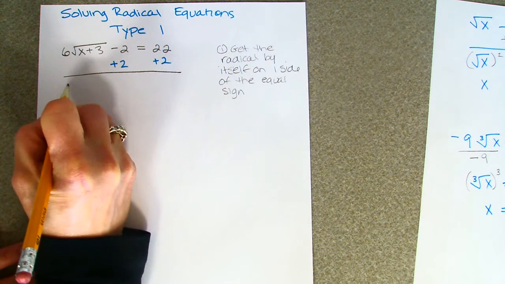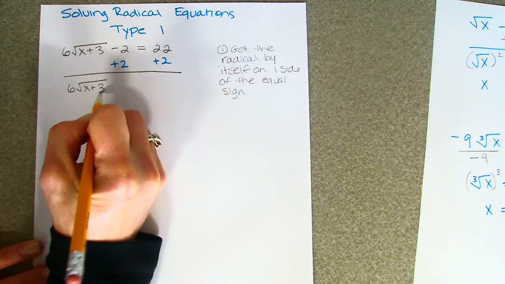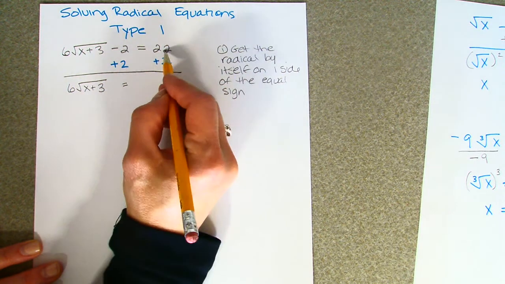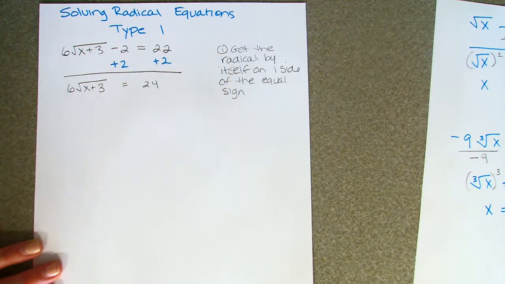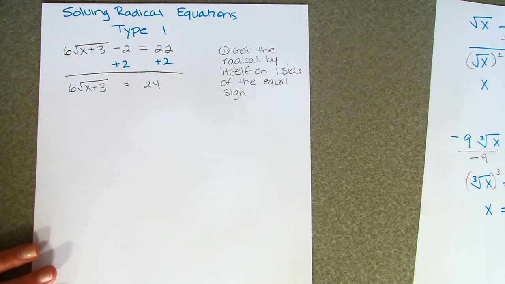On the left side, we are left with 6 times the square root of x plus 3. These 2's cancel out. We have our equal sign, and 22 plus 2 is 24. So we still do not have the radical by itself. There's a 6 in front of it, and that means 6 times the square root of x plus 3.